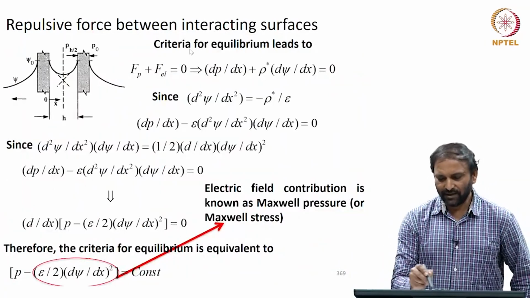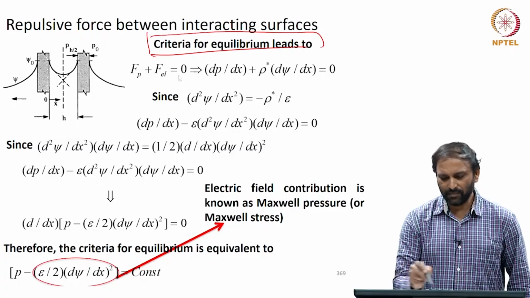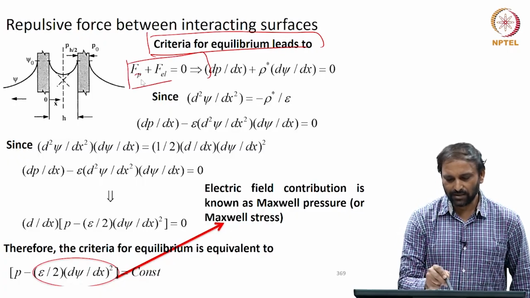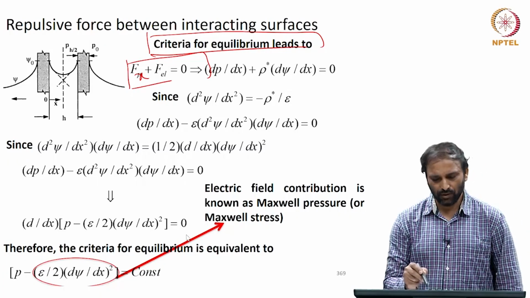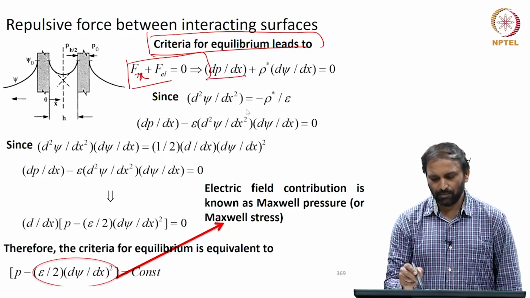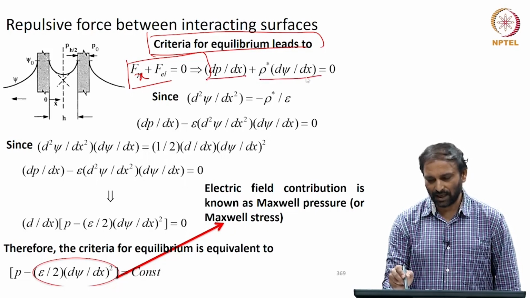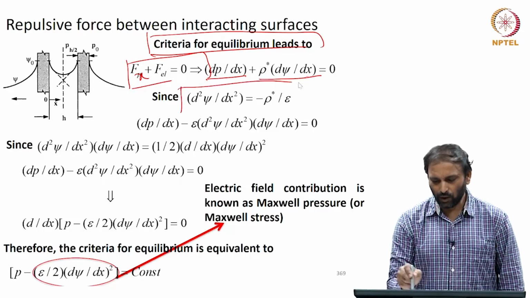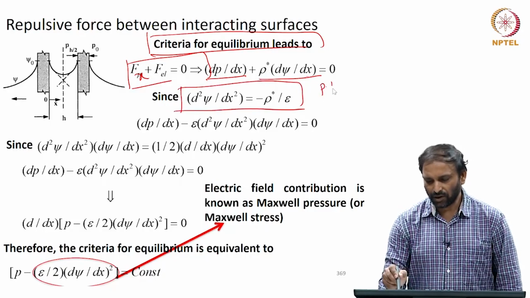So, therefore, the criterion for equilibrium is f x plus f E L is equal to 0. Therefore, dp by dx plus rho star times d psi by dx is equal to 0, and we know this from the Poisson equation, right.